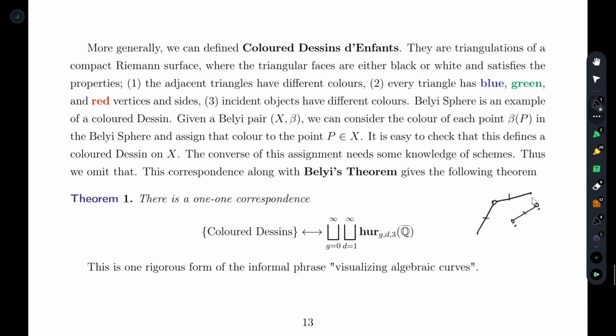So then we have the following theorem, that colored dessins actually correspond to this small Hurwitz space of Riemann surfaces defined over the algebraic numbers. So this is actually then a rigorous form of what we are saying, that visualizing algebraic curves.